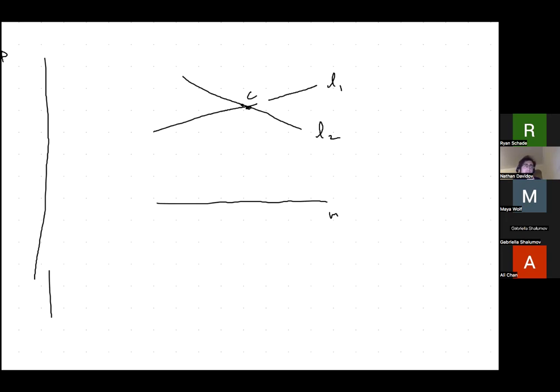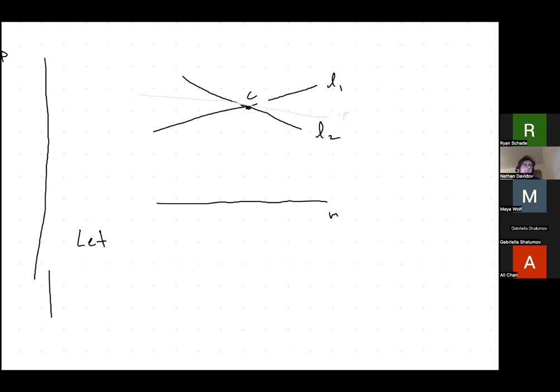Okay, so how will we do this? We're going to use the crossbar theorem. In particular, I'm going to make a new line. What should I call it? Call it R, after Ryan. So let R be my new line. It's going to be between L1 and L2, these two rays here.